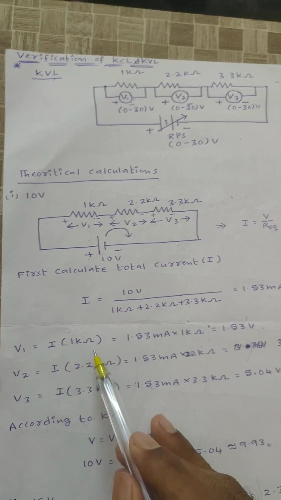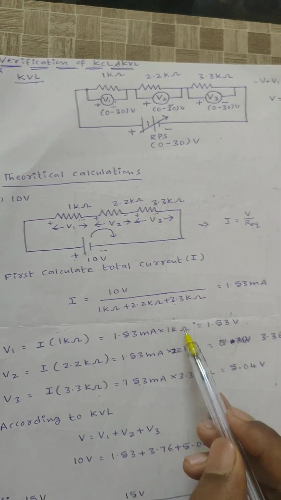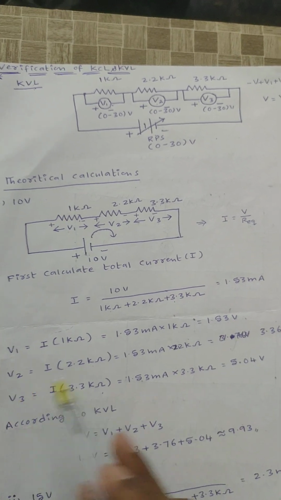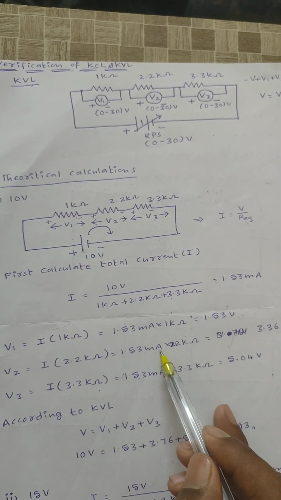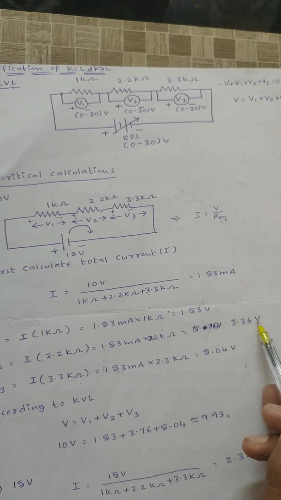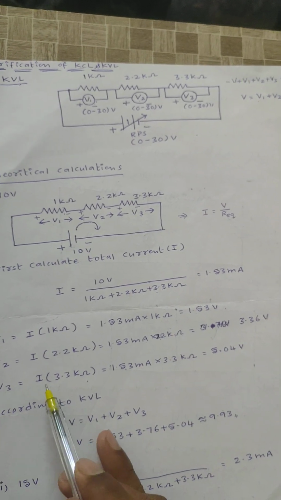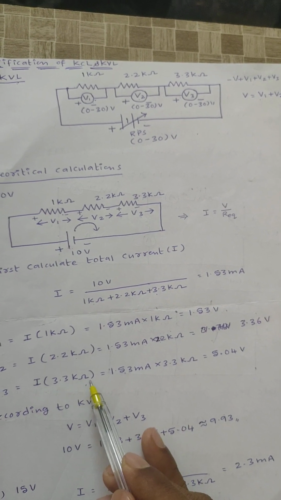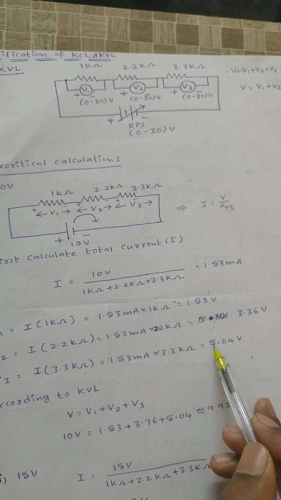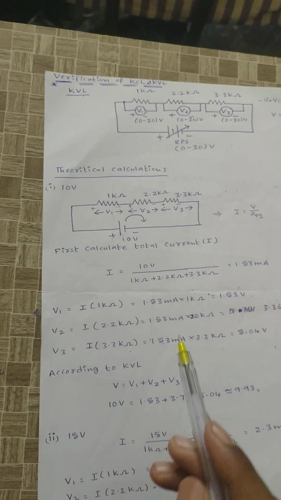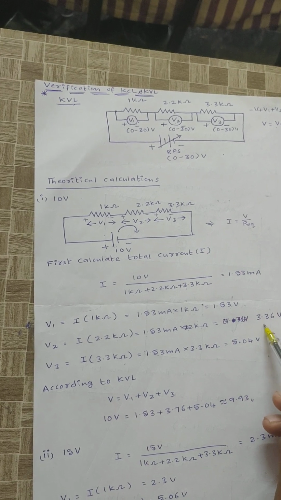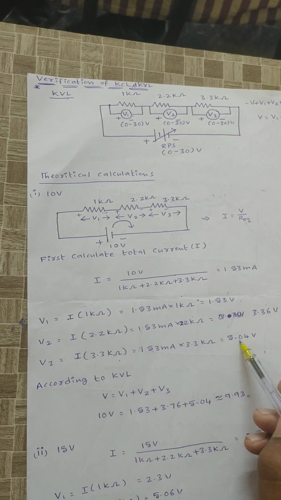V1 is equal to 1.53 milliamperes into 1 kilo ohm, so you will get 1.53 volts. Similarly V2 is equal to 1.53 milliamperes into 2.2 kilo ohm, that value is 3.36 volts. V3 is equal to I into 3.3 kilo ohm, that is 5.04 volts.